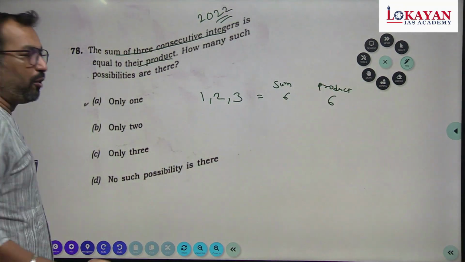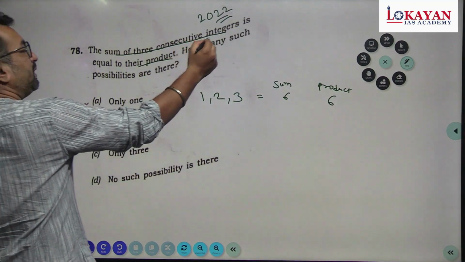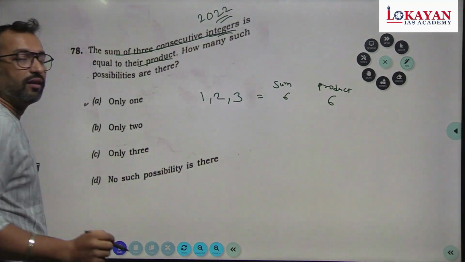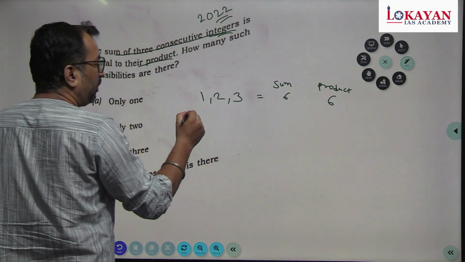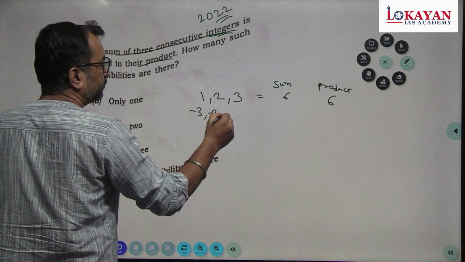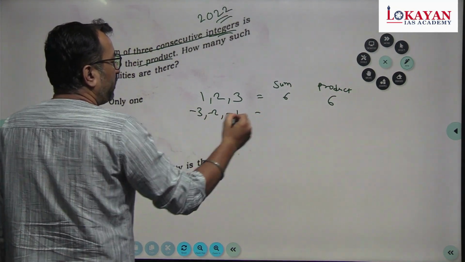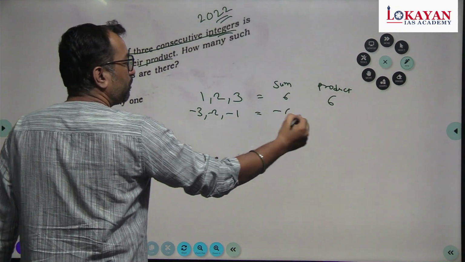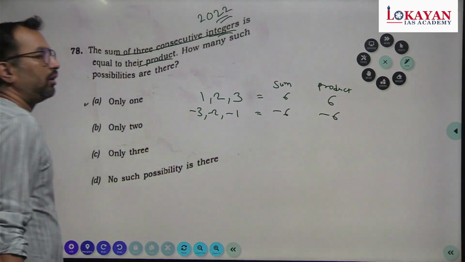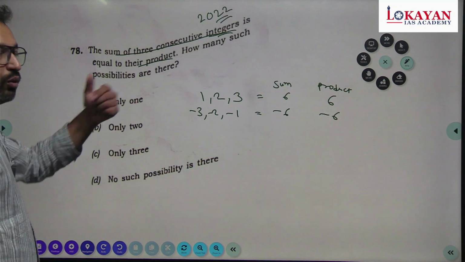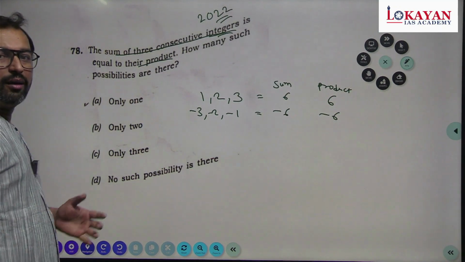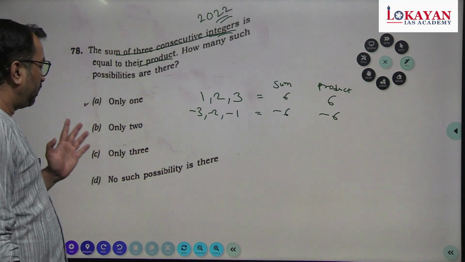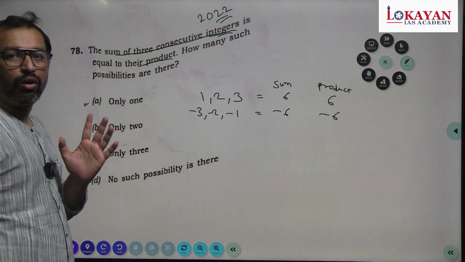Now what are the other possibilities? They haven't said natural numbers, they have said integers. So we can take negative numbers also. -3, -2, -1. Sum will be -6, product will be -6. So this set also works here. So are there only two sets or is there one more?